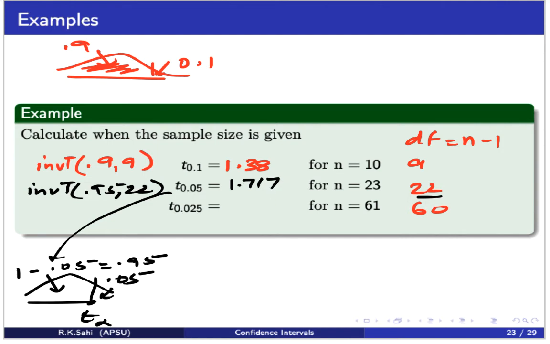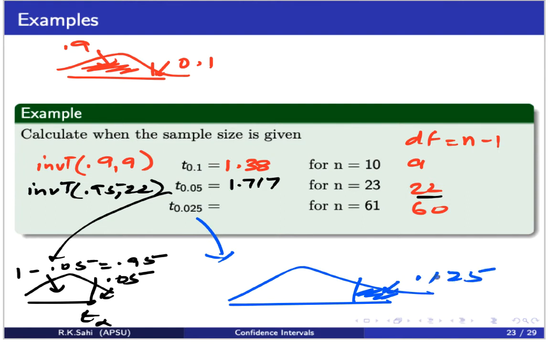Let's look at this one. t.025. That means this is 0.025. What's this part? 1 minus 0.025, which is 0.975. Do you see that over here? Okay, am I right? 1 minus 0.025, yeah.